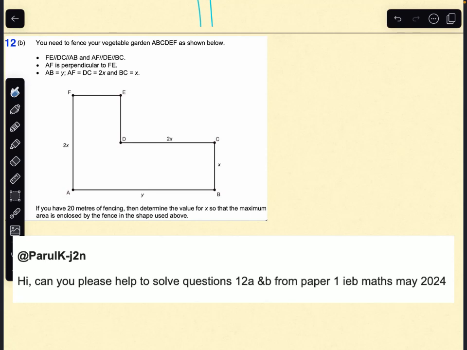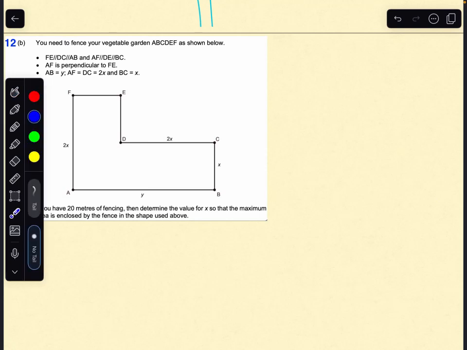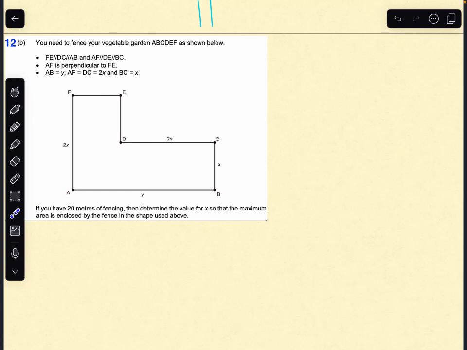Okay, right. The rambling has already begun. Let's ramble about the question. So, you need to fence your vegetable garden A, B, C, D, E, F as shown below. FE is parallel to DC, which is also parallel to AB.